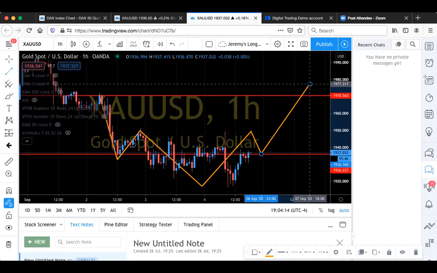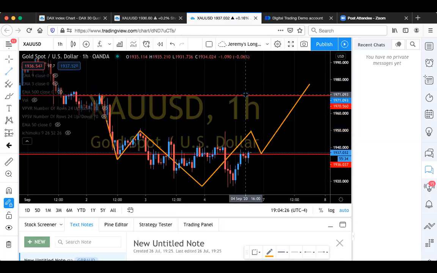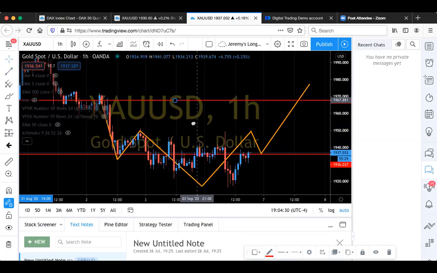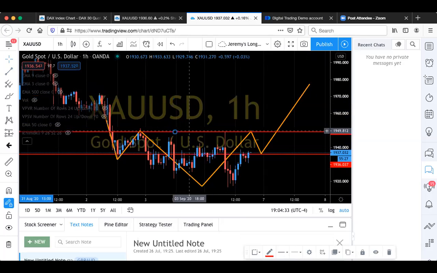So this is an inverted head and shoulders right there, around this area right here. This area right here is considered the neckline of the head and shoulders pattern.